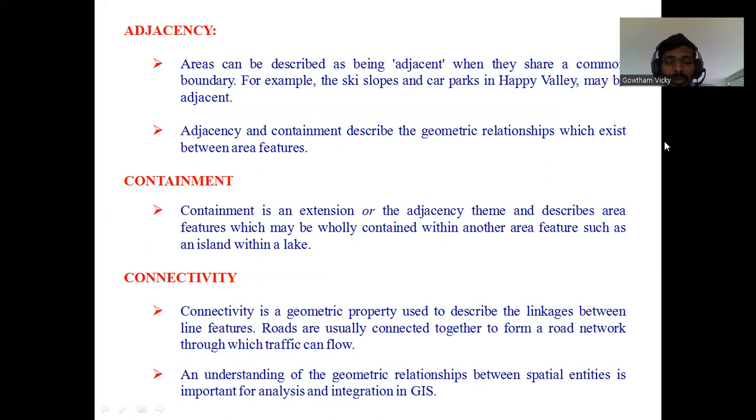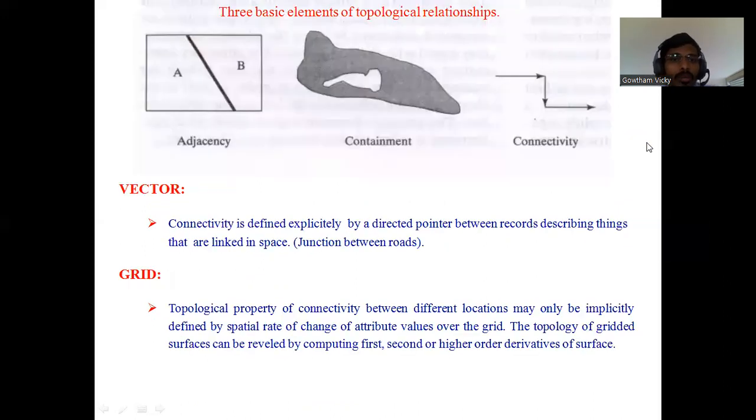An understanding of the geometric relationships between spatial entities is important for analysis, and it can be integrated in GIS. Adjacency, containment, and connectivity are most common in vectors and grids.